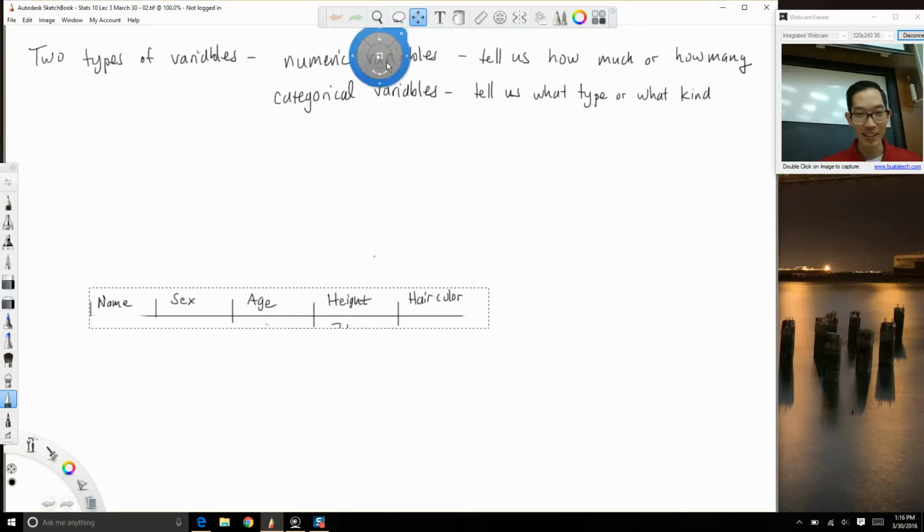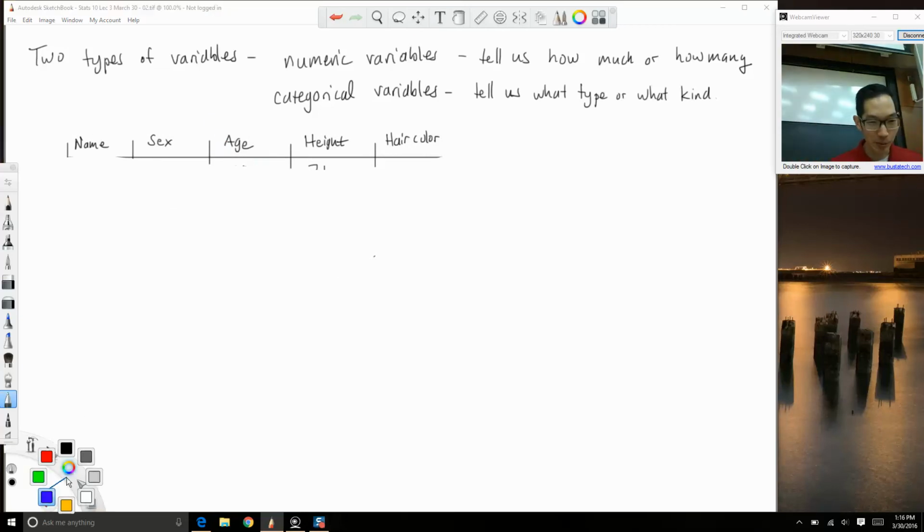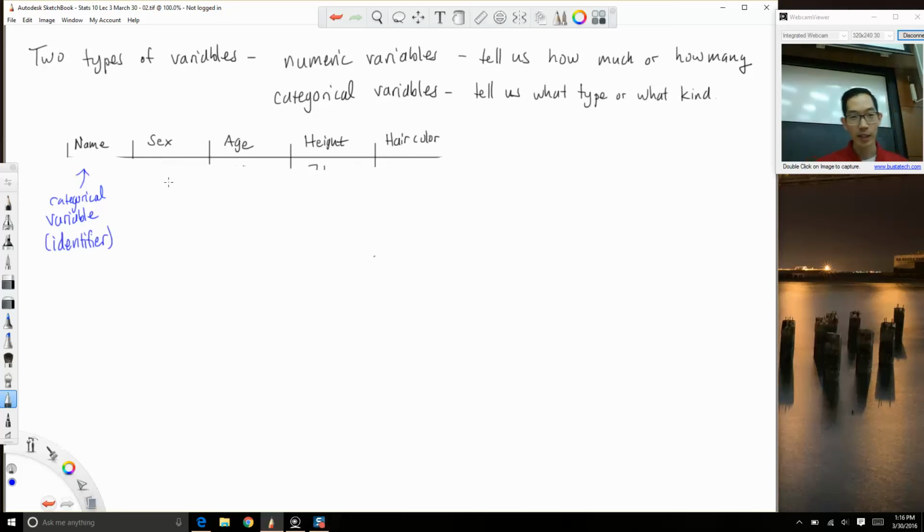All right. So if we take the column headings of our data table, we can label which ones are numeric and categorical. For the name, some people argue that this is an identifier, or we can just call it a categorical variable. Some will say this is a special type of categorical variable, which is an identifier.